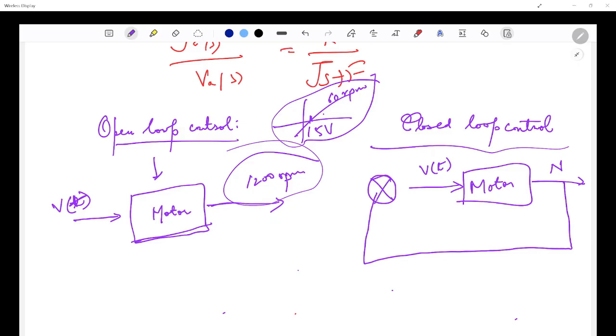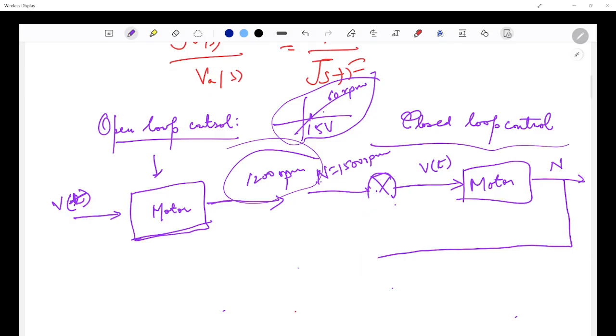So what do I do? I will have a reference. Let's say my reference is 1500 rpm, which I want to maintain. Let me draw this properly, else it would be very confusing. So this goes in plus. Then I have the feedback, which is this.